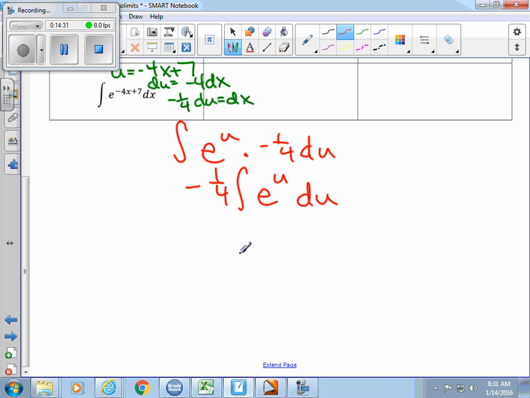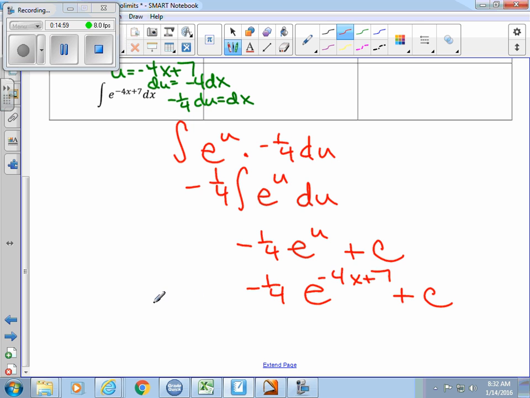What is the antiderivative of e to the u? And then don't forget the last step, because is this truly the antiderivative of the original? No, my original didn't even have a u in it. Remember, I picked the u. I put the u in there. I need to clean up my mess, fix it, get rid of the u. Negative 1/4 e to the negative 4x plus 7.